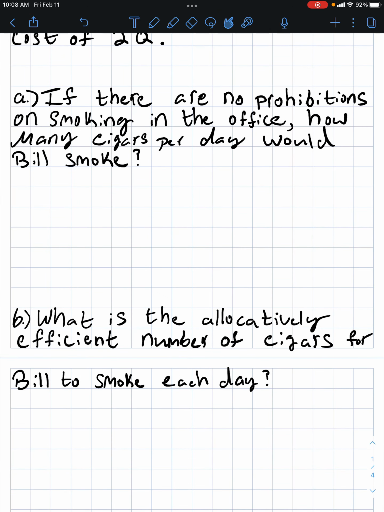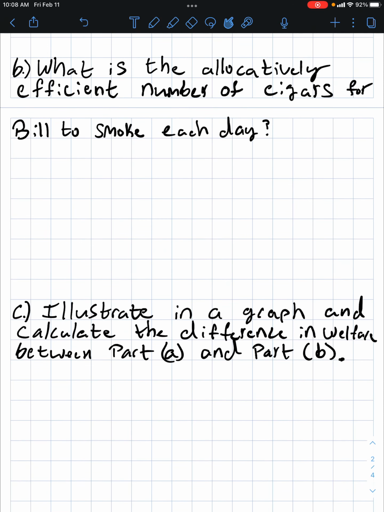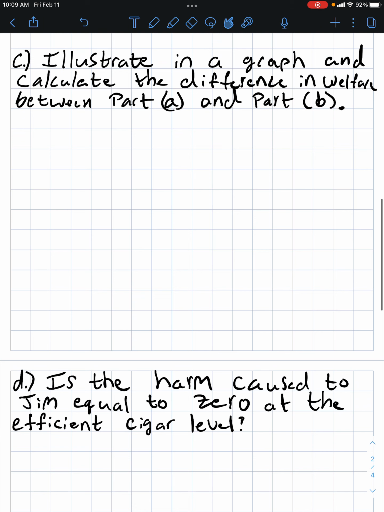Part A. If there are no prohibitions on smoking in the office, how many cigars per day would Bill smoke? Part B. What is the allocatively efficient number of cigars for Bill to smoke each day?